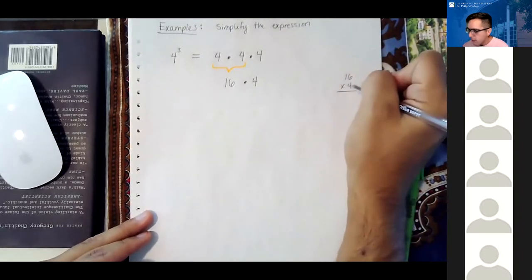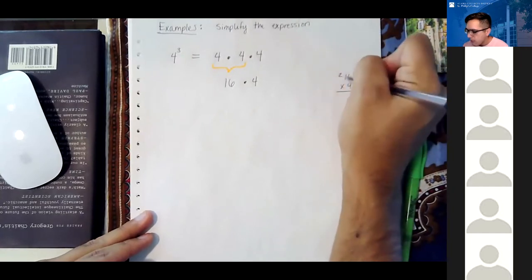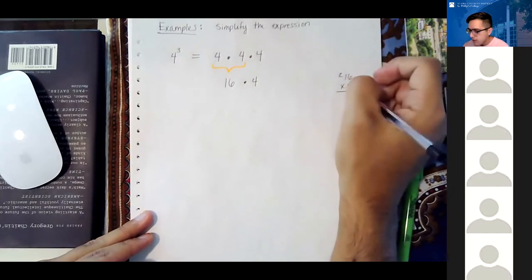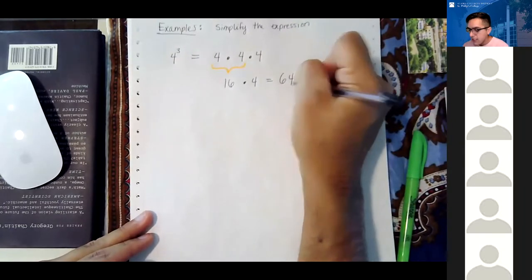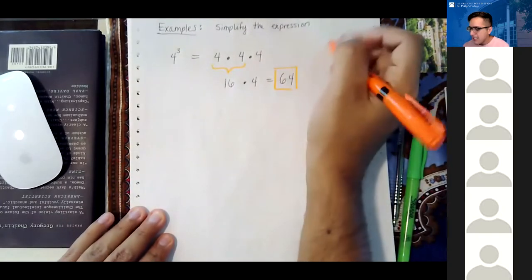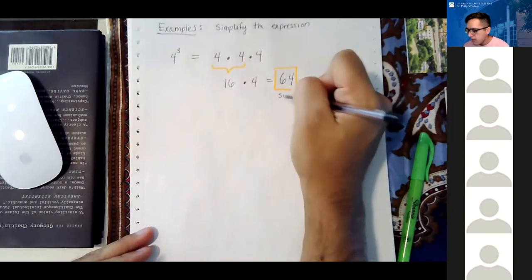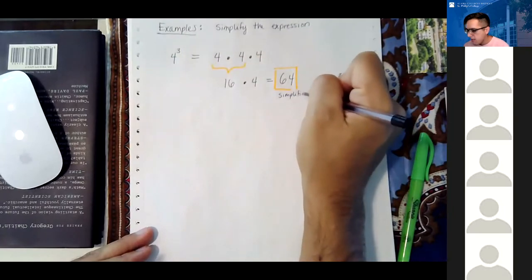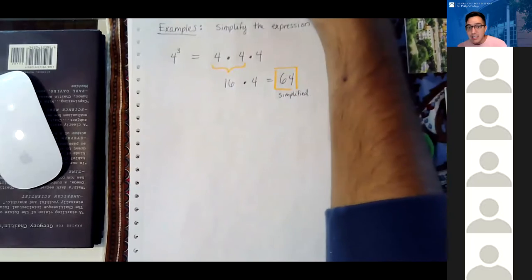And then 4 times 6 is 24, so that you would have 4 down. 4 times 1 is 4, plus 2 is 6. But that's also why calculators exist, and you could have just thrown that into the calculator. Right? 64 is the simplified form of 4 to the third power. Those are the same value. You could write it as 4 to the third power, or you could write it simply as 64.